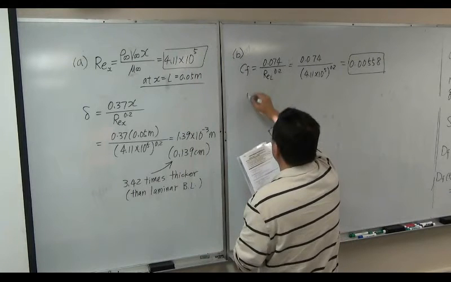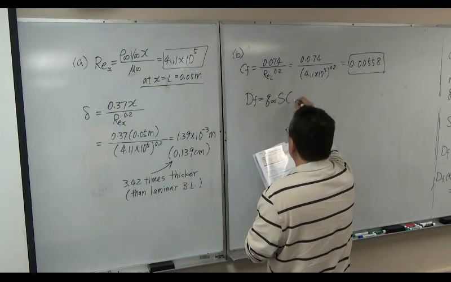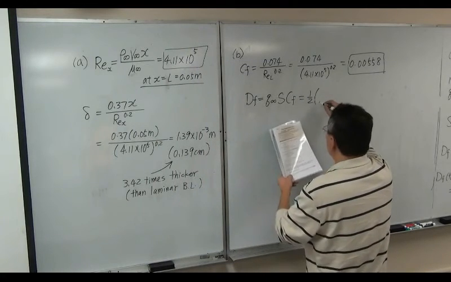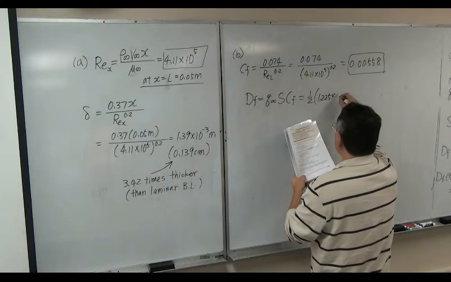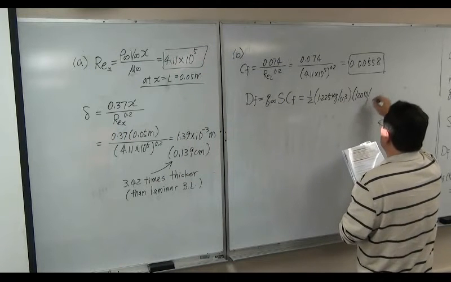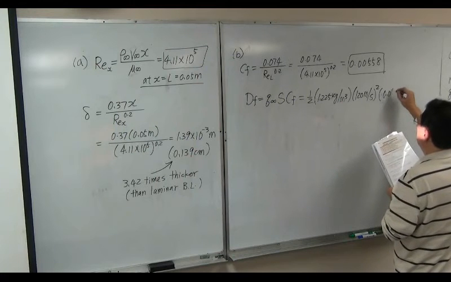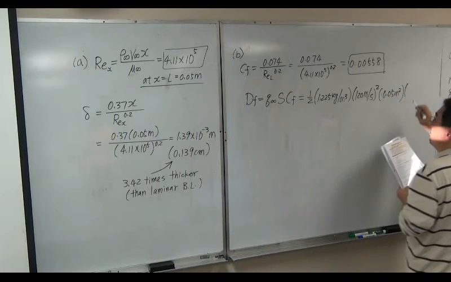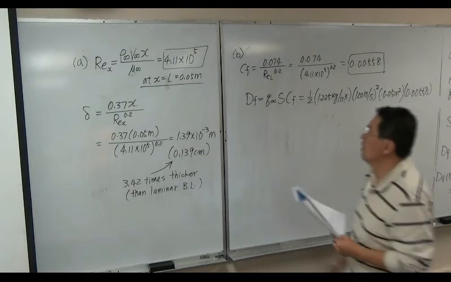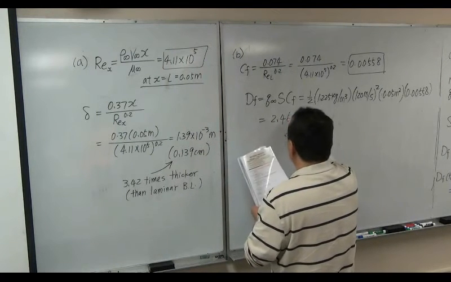So the same thing happens. DF is equal to q infinity S CF. So this is 1/2 rho V squared, the area is 0.05 meter squared, and the skin friction coefficient is 0.00558. The skin friction drag is 2.46 Newton.